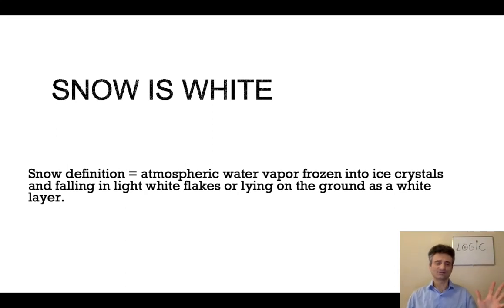A triangle, for example, has three sides by definition. Okay, so three-sidedness, having three sides, is a constituent of being a triangle. But being white is not a constituent of being snow.